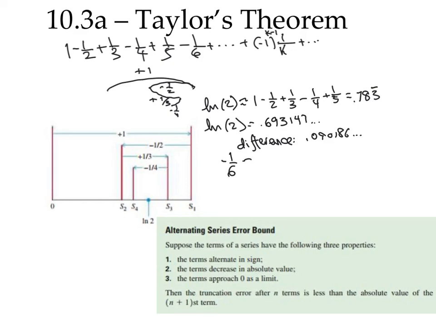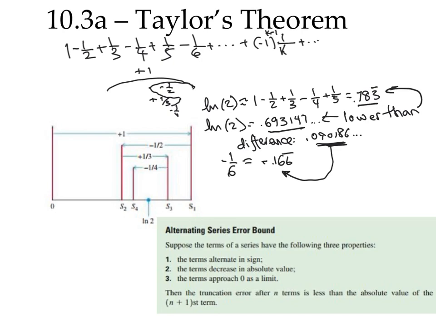And negative 1/6 is negative 0.166 repeating. And you'll notice that the difference between the approximation and the correct answer is less than the first term we left off. Not only is it less than, but the first term we left off was negative. That tells me that the natural log of 2 is actually lower than my answer so far, because the first term I left off is negative, so our exact answer is lower than our approximation.